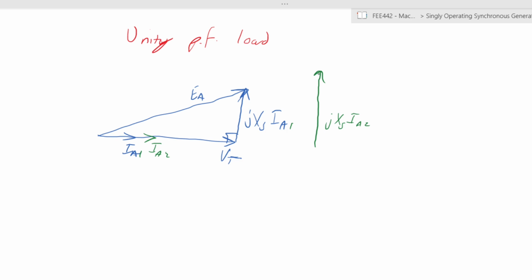The value is increasing, okay? Same constraints. EA magnitude does not have time to change. We are not changing the field excitation. IF remains constant. Therefore, EA magnitude is constant, right?